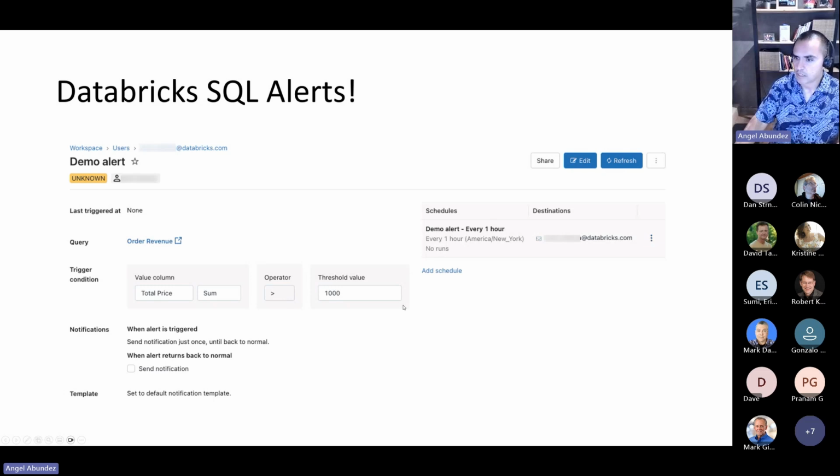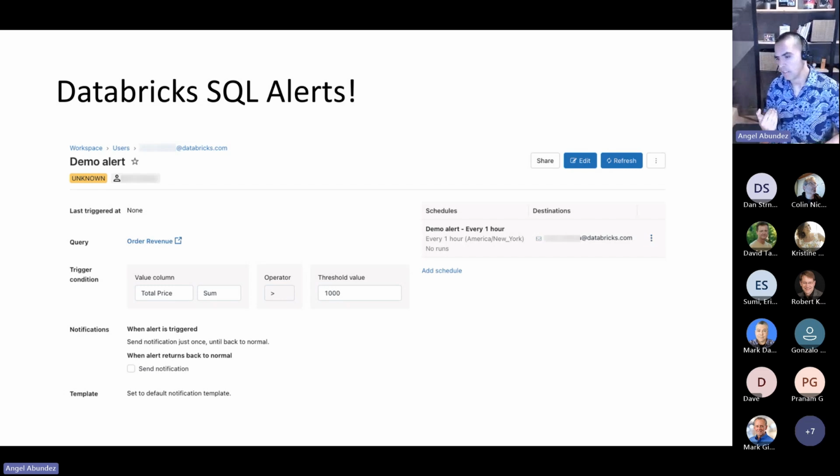You can set a trigger condition. You can customize the alert notification, so you can add more data or hints about what might be happening. And you can send this to emails, a Teams channel, or a webhook that does other notifications in a different system.